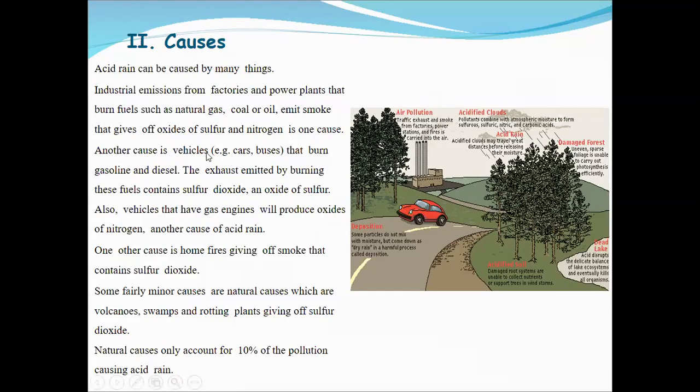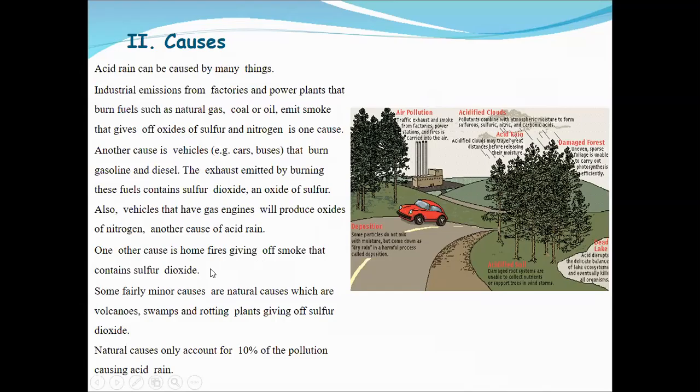Another cause is vehicles, the cars and buses that burn gasoline and diesel. They also exhaust carbon monoxide and oxides of sulfur and nitrogen. That is also a major contributor to acid rain. Another thing is home fires giving off smoke that contains sulfur oxide.